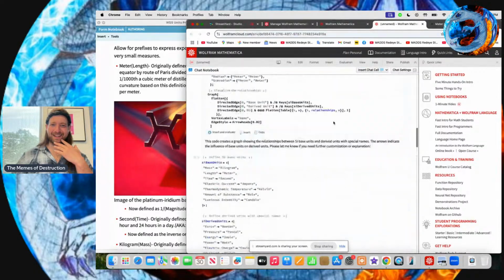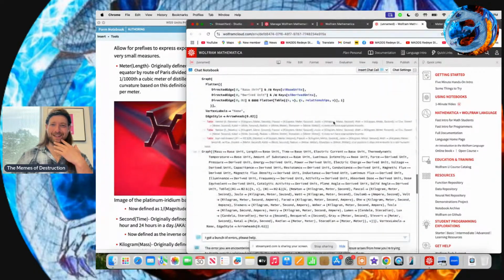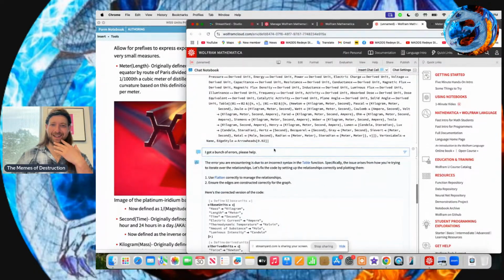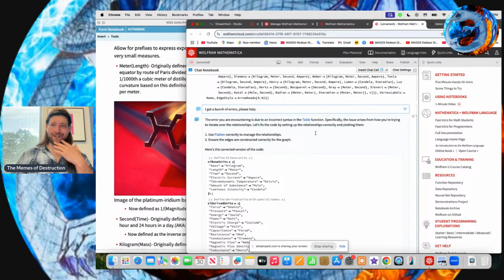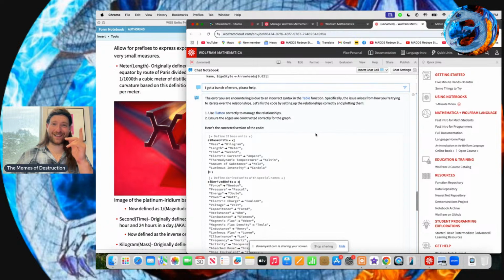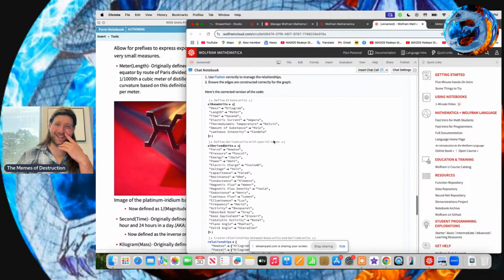Okay. So I did a bunch of things. Okay. So it actually outputted: the errors you encounter are due to incorrect syntax in the table, specifically issues with how you're trying to iterate over the relation. Let's fix the code by setting up the ratios correctly and plotting them using flattened. Ensure the edges are constructed properly for the graph.